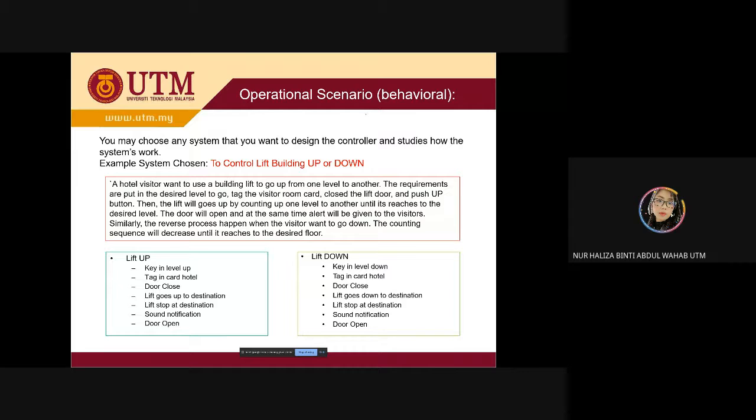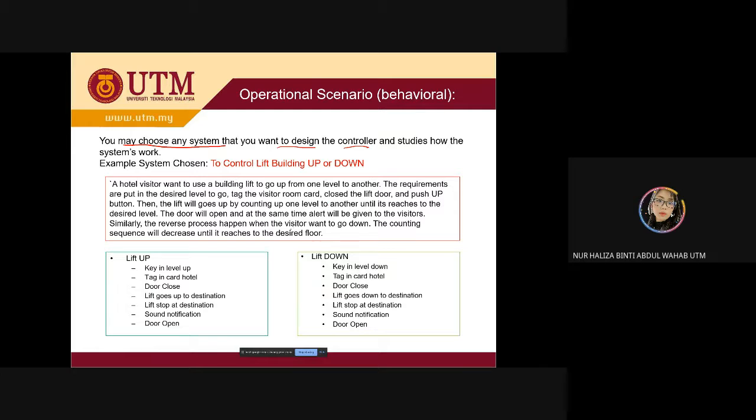It is much clearer if, let's say, you were given the lift scenario. You may choose any system you want to design the controller and study how the system works. Of course, although you are the one who decides, you need to relate it to a real situation.